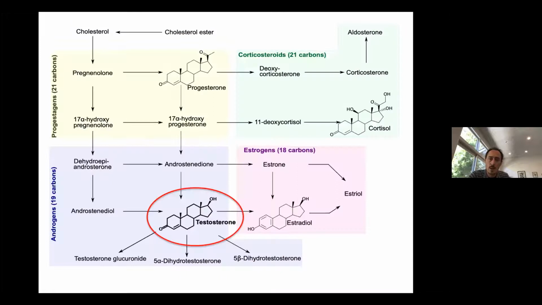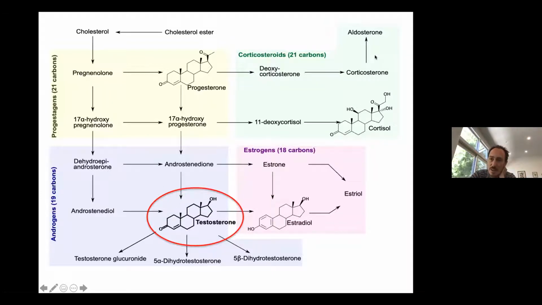Again, we know a great deal about the processes that control testosterone. So for example, here I'm showing the chemical biosynthesis pathway that produces testosterone. Up at the top is cholesterol, so this is the steroid biosynthetic pathway.